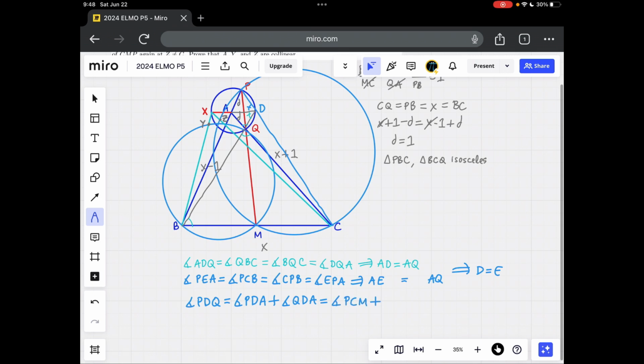And angle QDA, by alternate interior angles, is equal to angle QBC, because AD and BC are parallel. But let's express this as angle QBM, so we can play around with the cyclic quadrilateral angles. So angle PDQ equals angle PCM plus angle QBM.